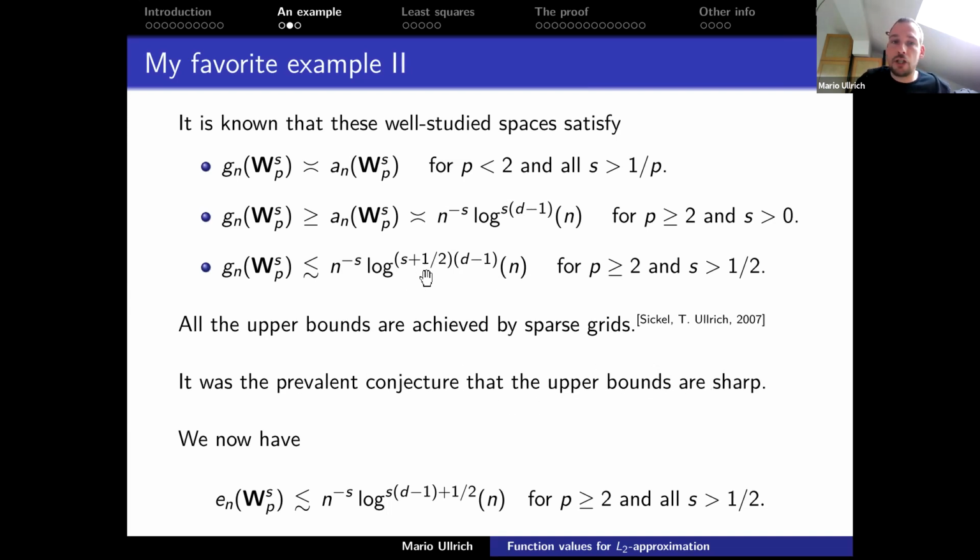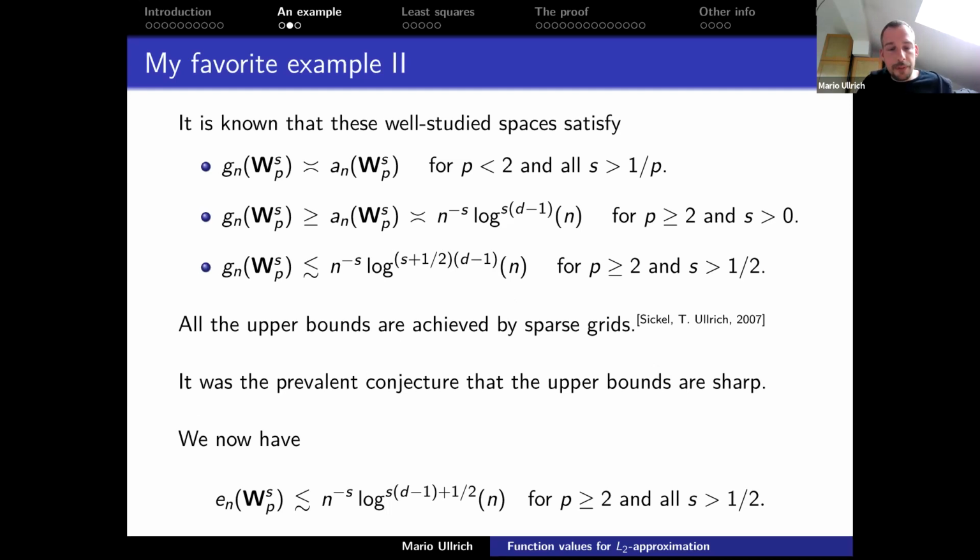The reason to believe that is closely related to the discrepancy problem, because one thought that if you get this additional log to the d minus 1 over 2 already for integration, then maybe this is related to approximation too. So it would not be a surprise if this additional 1/2 must be there, right? And these upper bounds are achieved by sparse grids. It was conjectured that these bounds were sharp.